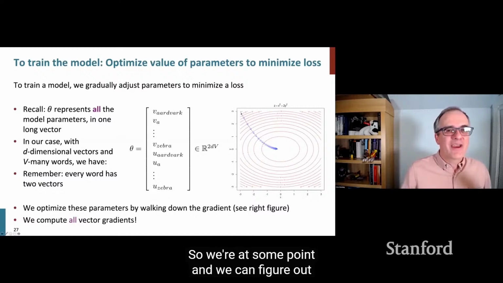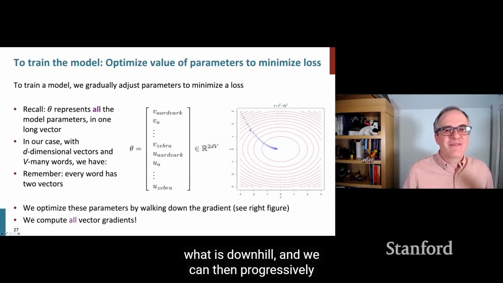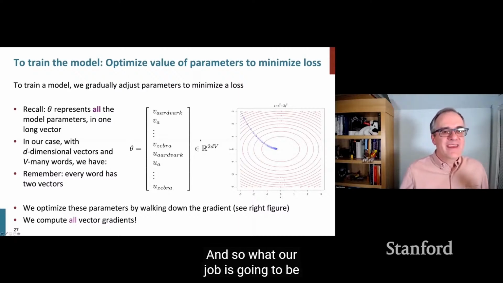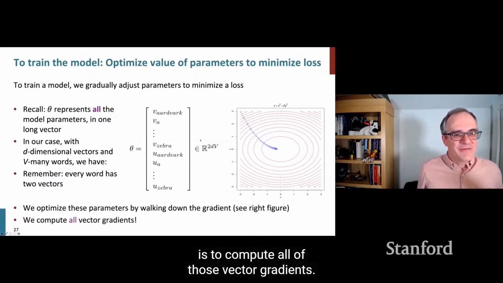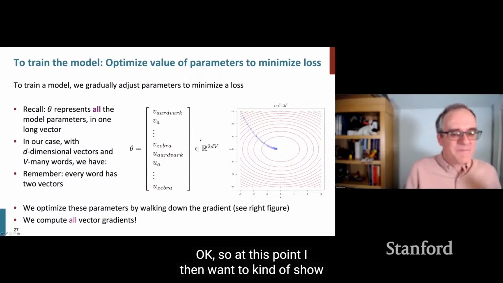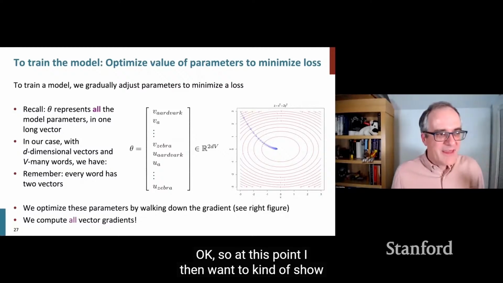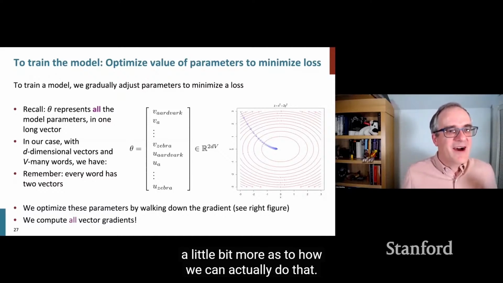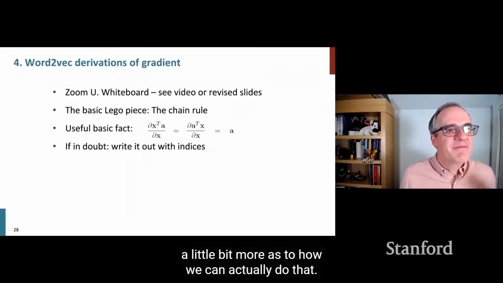So we're at some point and we can figure out what is downhill, and we can then progressively walk downhill and improve our model. And so our job is going to be to compute all of those vector gradients. Okay, so at this point, I then want to show a little bit more as to how we can actually do that.